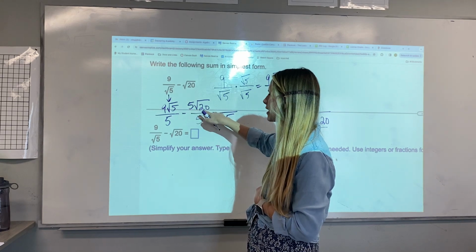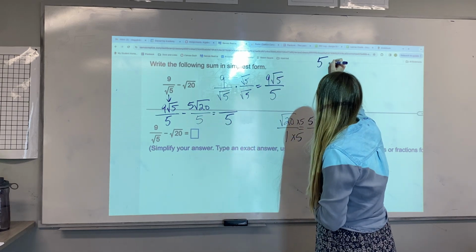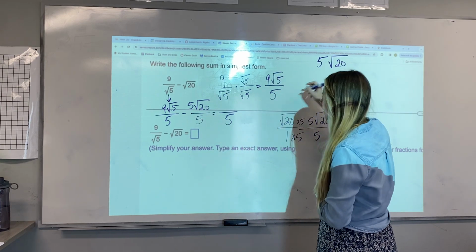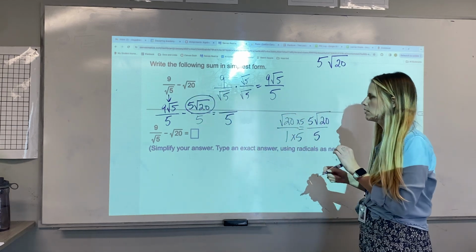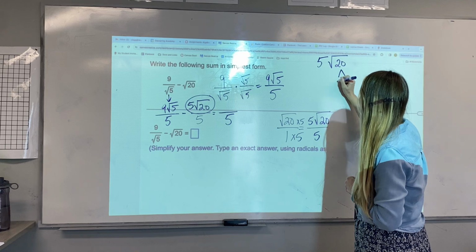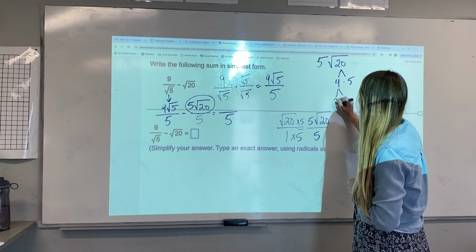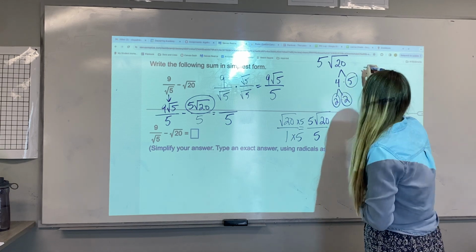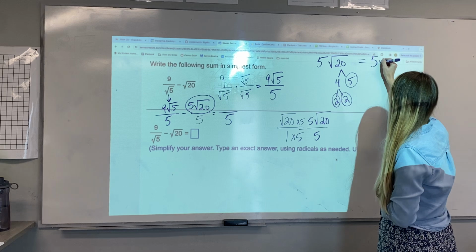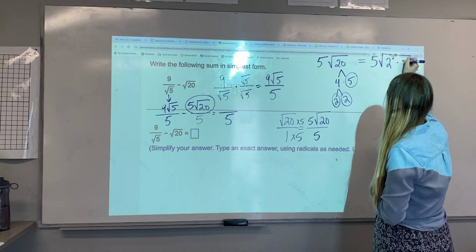Let's see if we can break down 20. So I have 5 radical 20. I'm taking this numerator, and I'm going to see if I can break it down to pull out some possibly perfect squares.